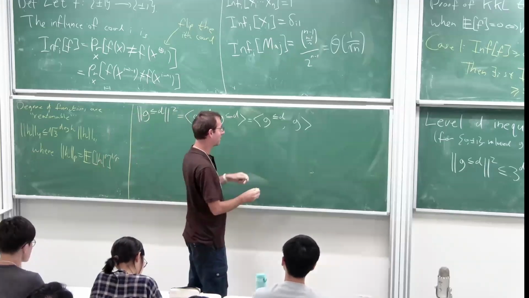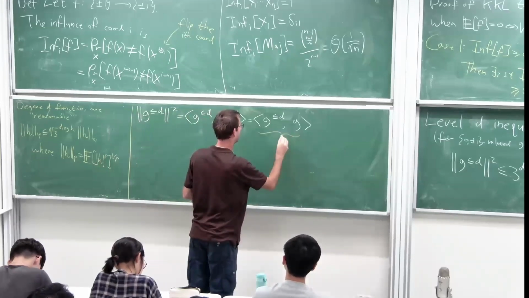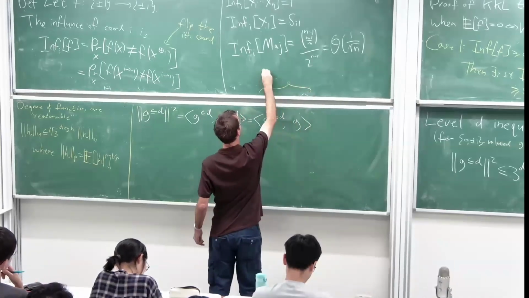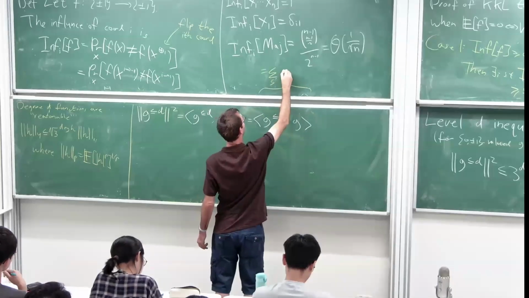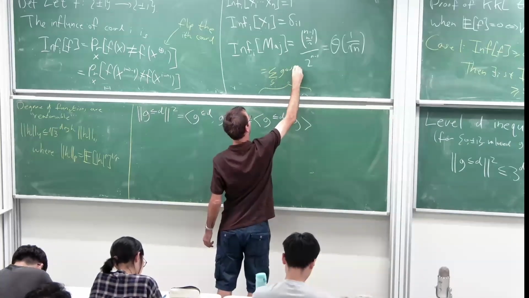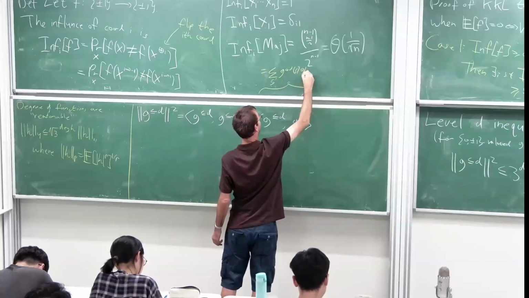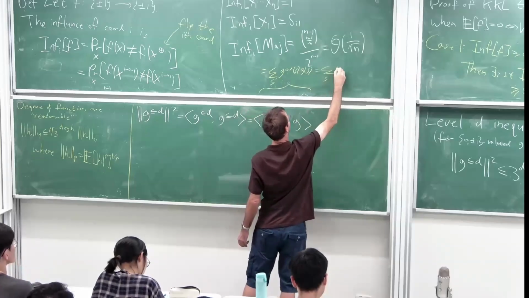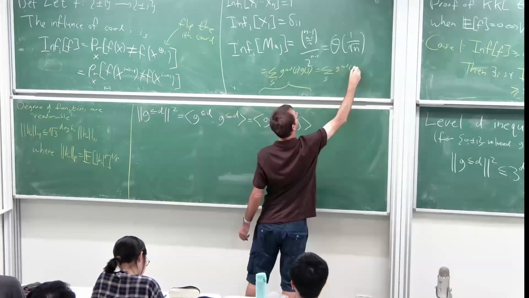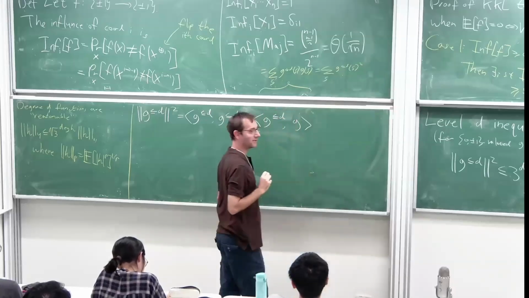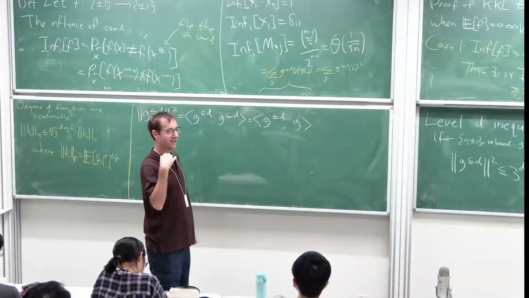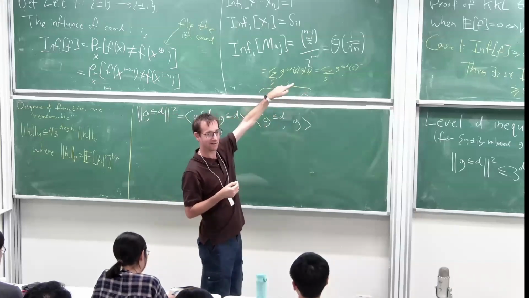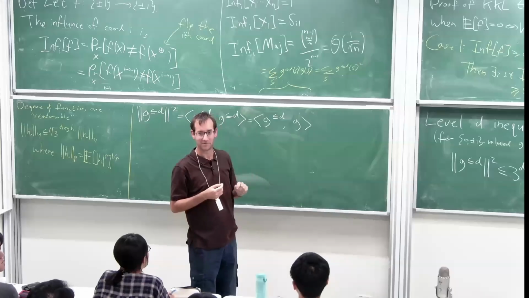If you apply Parseval's identity, this is the sum over all S of g at most d of S times g hat of S. But this is the same as the sum over all S of g at most d of S squared, because if S is of size more than d, then this is just 0, so it doesn't matter.